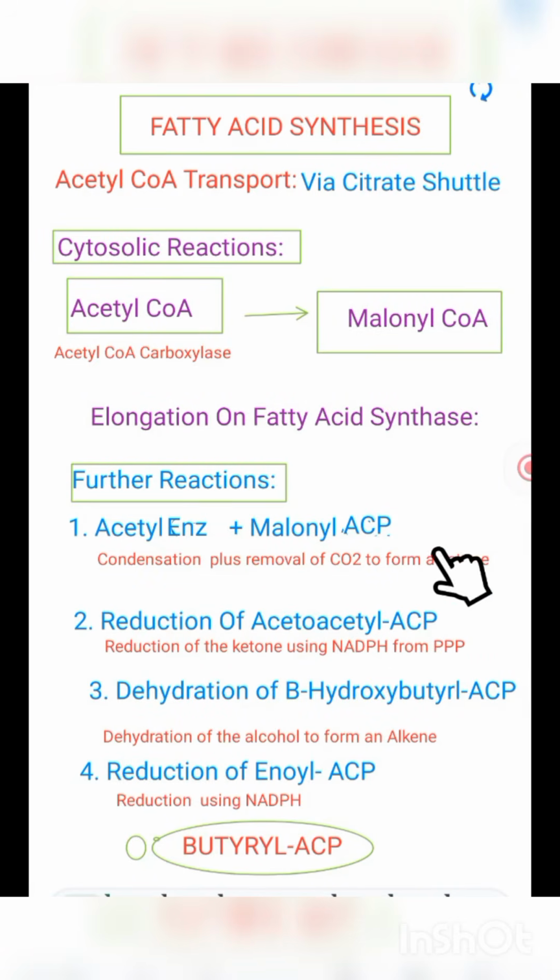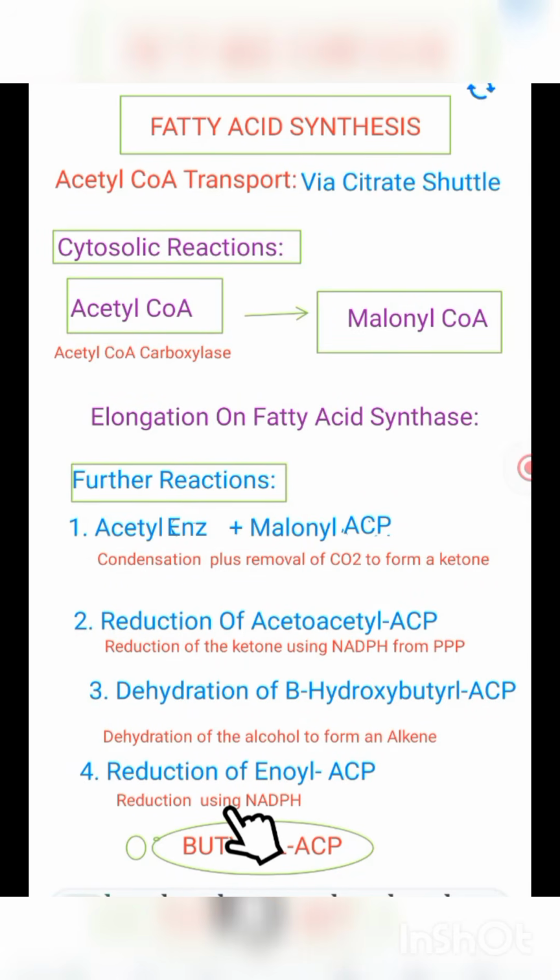So once you produce your ketone in the first step of elongation, this molecule will undergo reduction to form an alcohol. The alcohol will undergo dehydration to form an alkene. The alkene will undergo reduction to form this fatty acid with 4 carbon atoms.